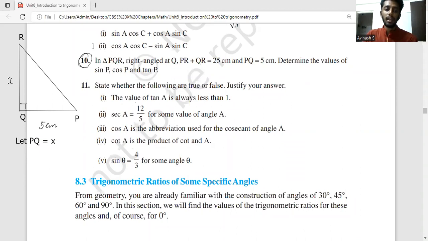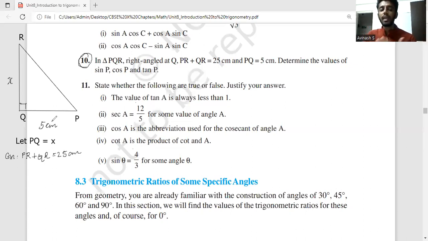Now, as per the given condition in the question, look at the bottom left of the screen. They have given that PR plus QR is equal to 25 centimeters. This is very clearly given in the question, which means both of the sides put together will be 25. Individually they can be anything.